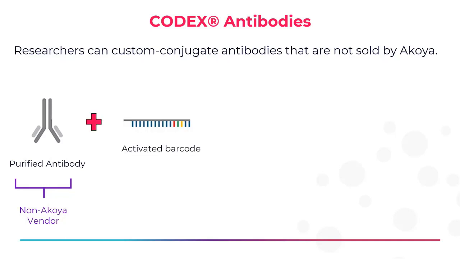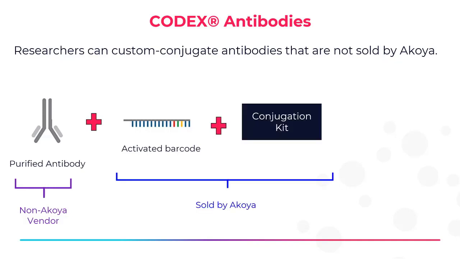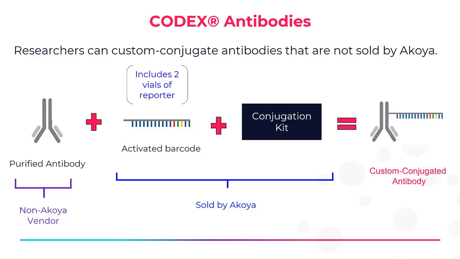Then you'll purchase an activated barcode and a conjugation kit through Akoya and perform a conjugation reaction to generate a custom conjugated antibody. These antibodies can now be used in a CODEX experiment. Please note that the purchase of an activated barcode includes 2 vials of reporter.